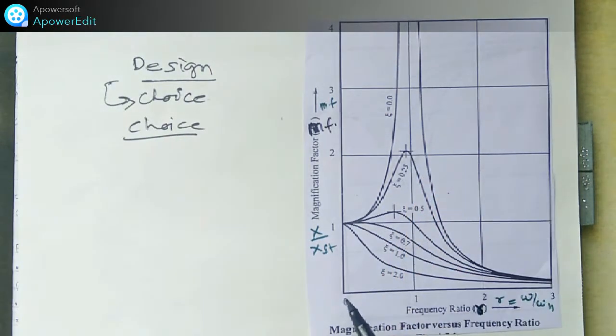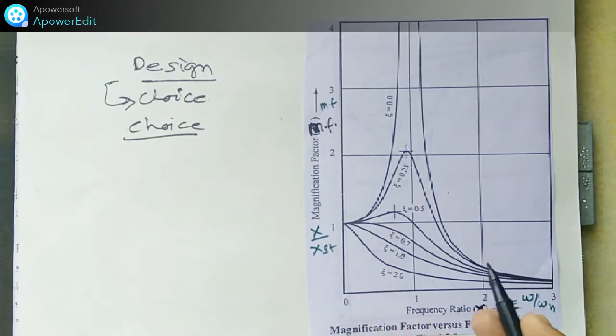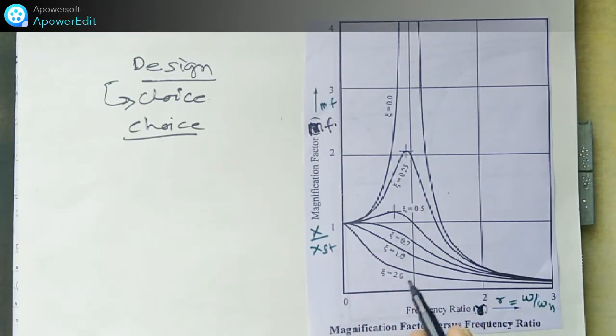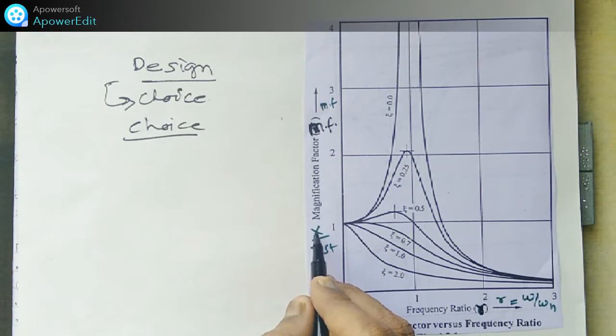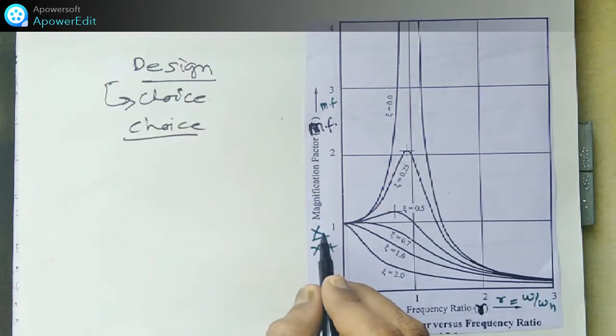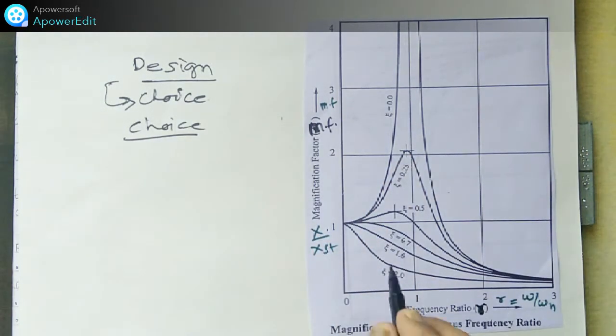Damping controls the vibration response. As we increase the value of damping zeta, the value of x decreases.